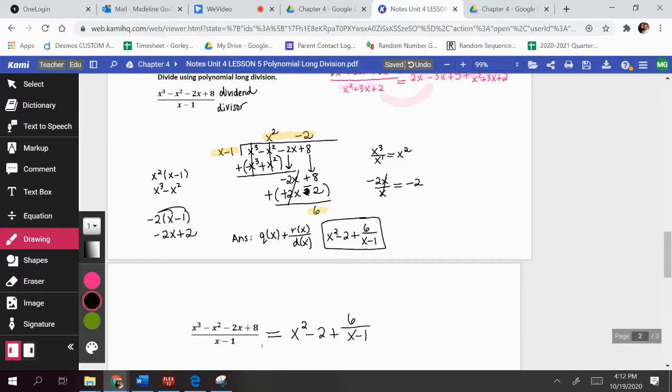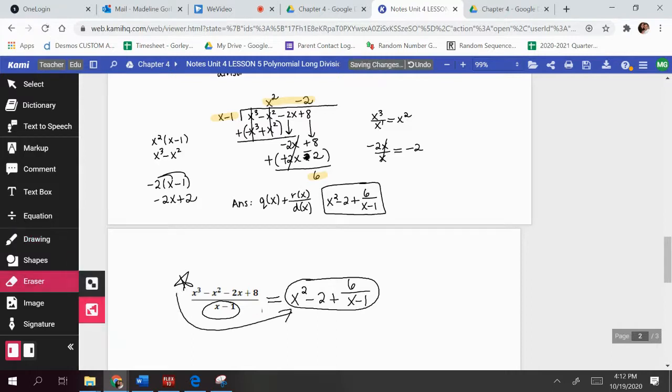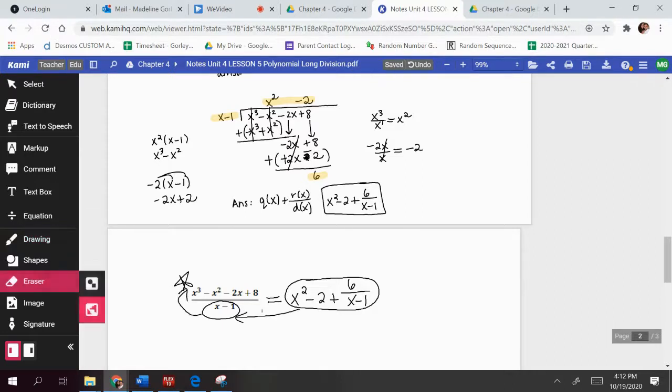Now, it wasn't a factor because the remainder was not 0, but I should still be able to take whatever my divisor is times my quotient and remainder and get back to the original function, right? If I can divide and get this, then I should be able to do the inverse and multiply these two things together in order to get back to the original.